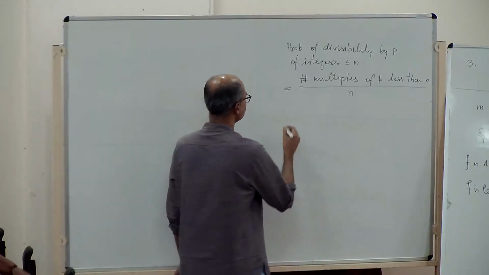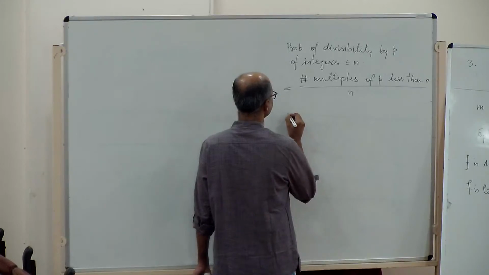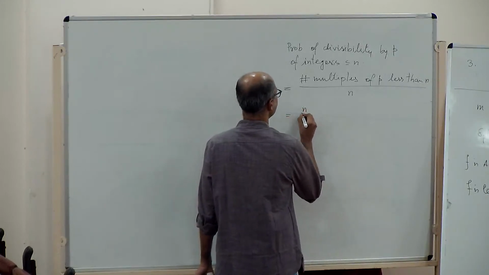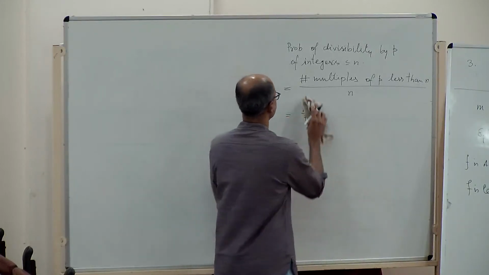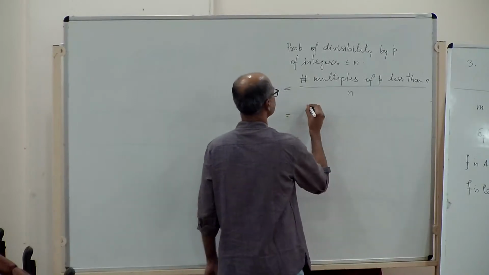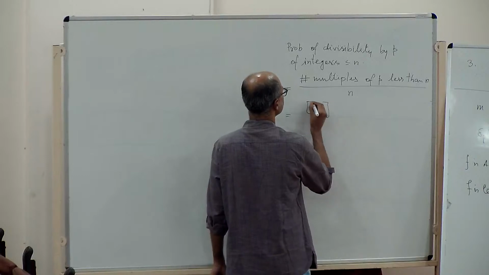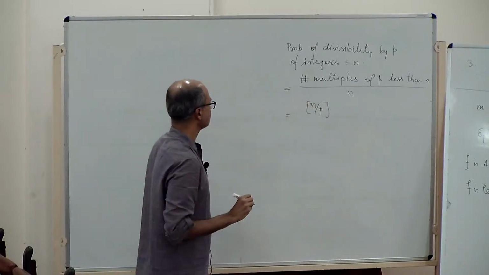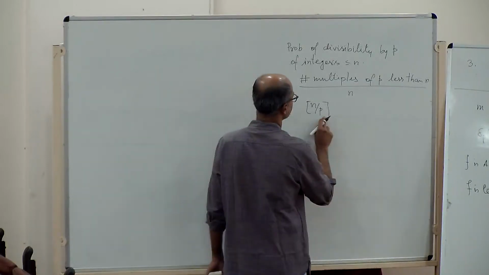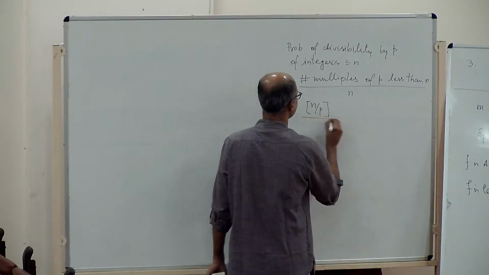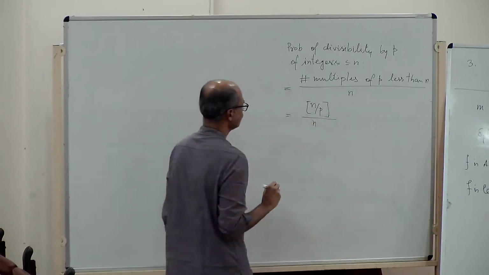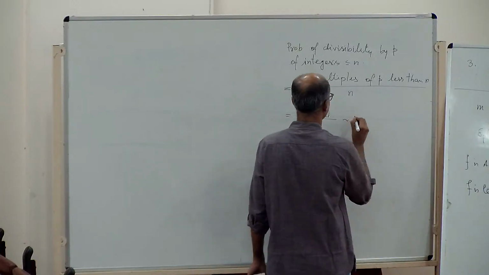So, number of multiples, so that is going to be again n by p, the integral part. So, that is the largest integer less than n by p divided by n. So, that is again roughly 1 over p.